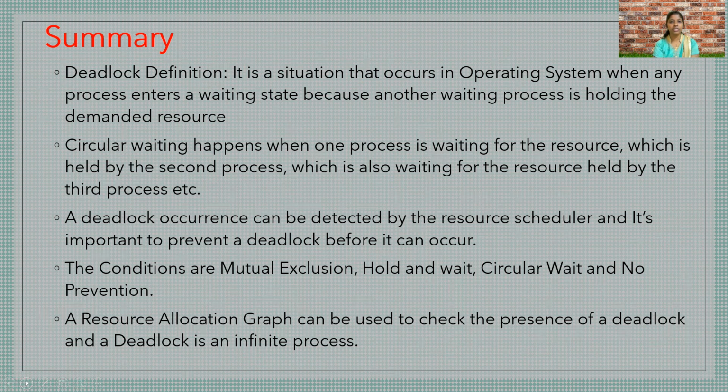But if there is a cycle in the resource allocation graph, then we have to check if it's a single instance system. If the resources are only single instance, then a cycle is a sufficient condition for deadlock. And if there are multiple instances of the resources, then there could be a possibility of deadlock if there is a cycle in the resource allocation graph.